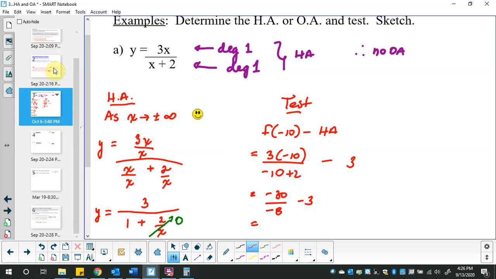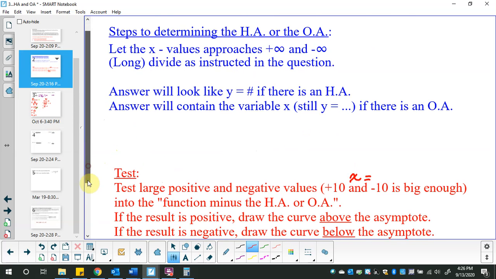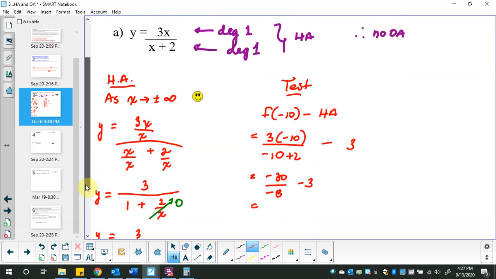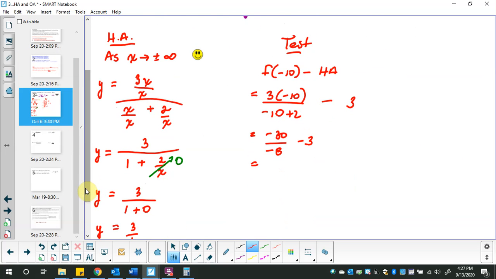But just like vertical, all I have to do is figure out whether my result is positive or negative, so I can write above or below. So, calculator time.